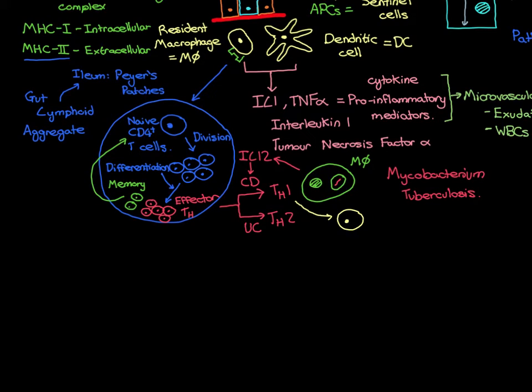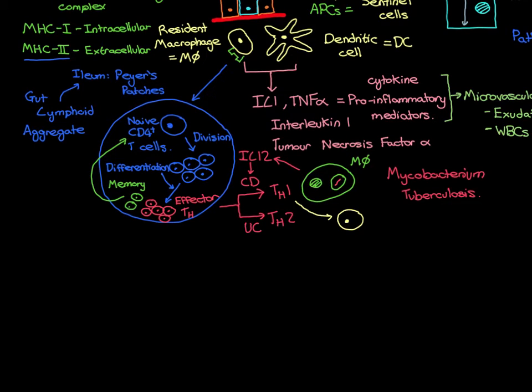Going back to what happens in tuberculosis, just to give you that famous example before we go on to Crohn's disease, these T helper 1 cells will go into the bloodstream, come to the lungs, and go out into the site where inflammation is occurring, because an inflammatory response has occurred, and therefore the microvasculature is recruiting white blood cells, and it will recruit these T helper 1 cells into the lungs. These T helper 1 cells will then look for the pathogen that they are directed against.